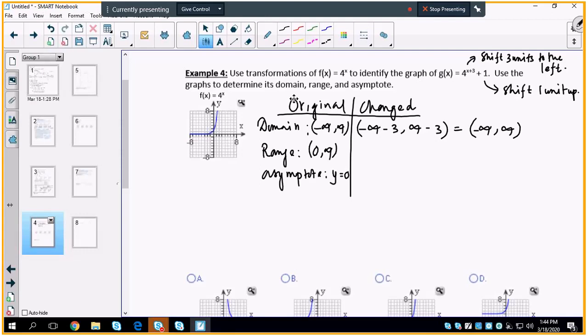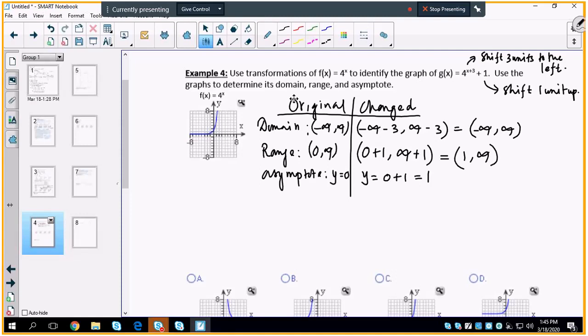You added 1. So 0 will become 0 plus 1. Infinity will become infinity plus 1. Again, adding anything to infinity doesn't change, but adding 1 to 0 changes it to 1. So that will be the range. Similarly, you can think of the asymptote. It is going to be y equal to 0 plus 1. So y equal to 1.